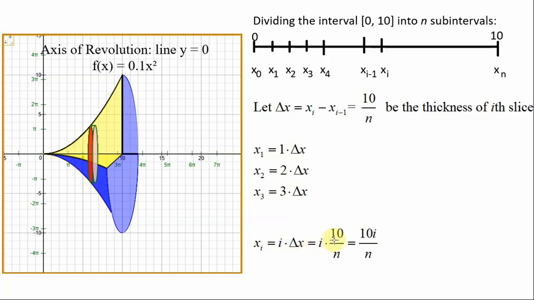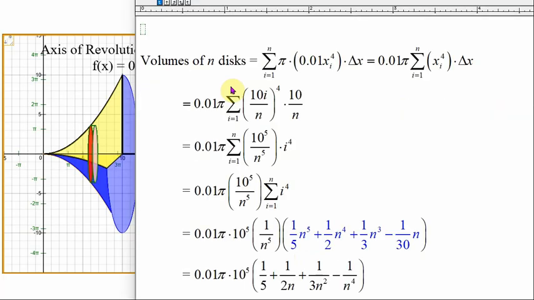But delta x is 10 over n. So x sub i would be 10i over n. And then this is the volumes of n slices or n discs that we got a few moments ago, right here.